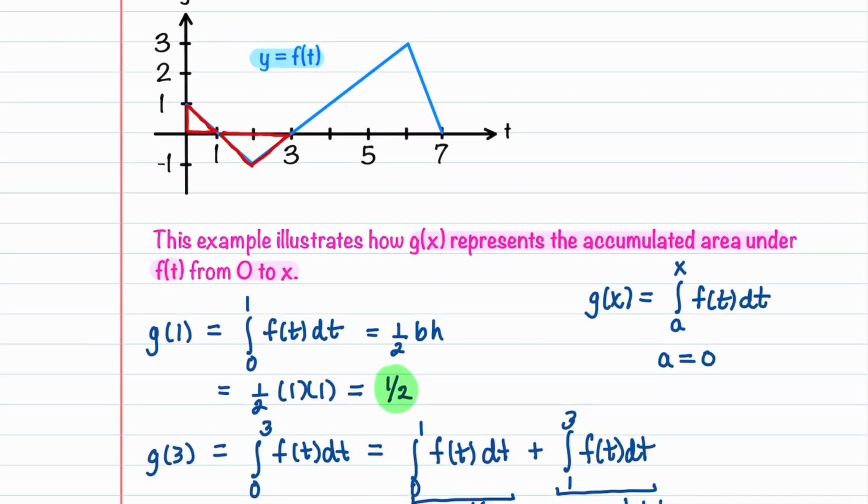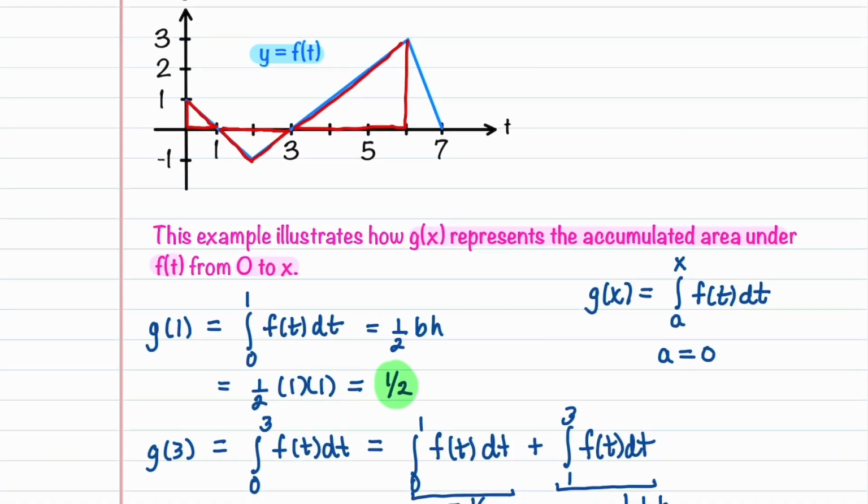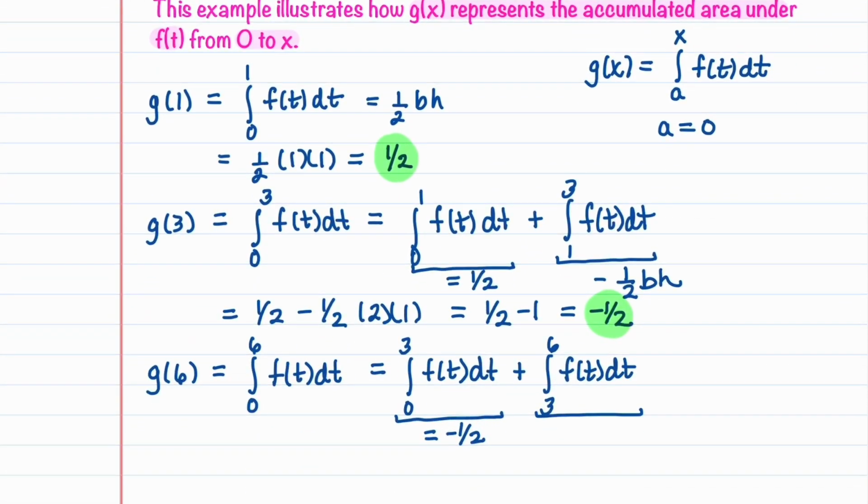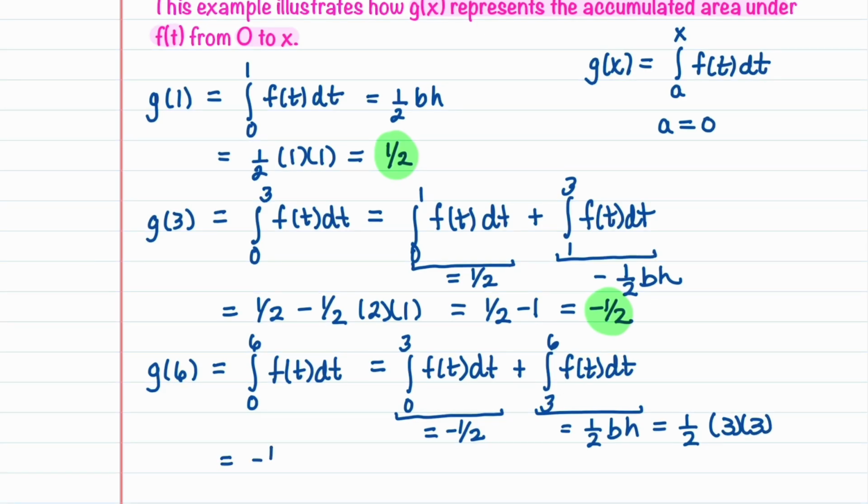That integral is the area under this triangle right here. And this triangle has a base of 3 and a height of 3. So this part is going to be 1/2 base times height, and this is 1/2 times 3 times 3. Let's see what this gives us. We have minus 1/2 from our first integral, and then we have 9 over 2.